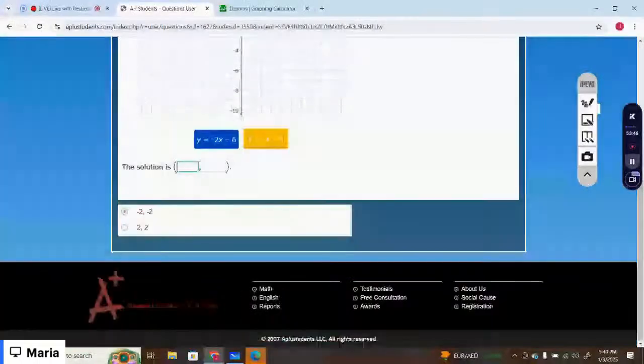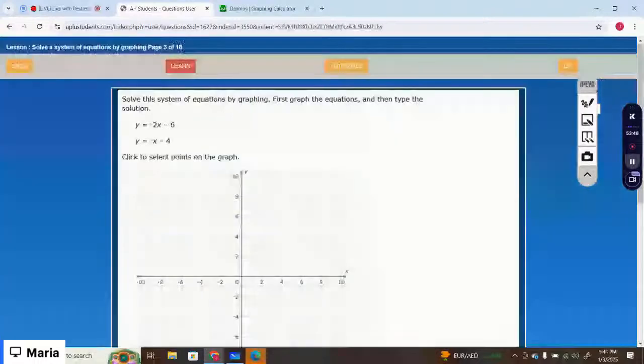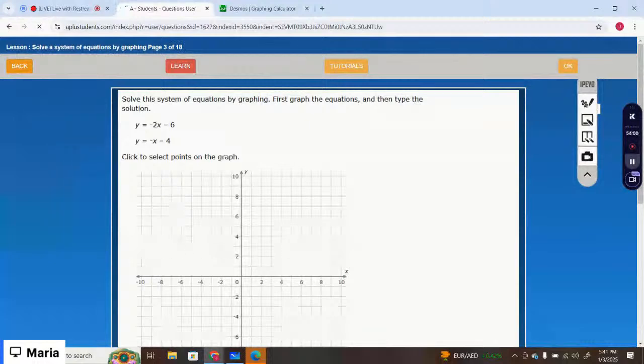Okay, you can complete the lesson by yourself today. So we were working on grade 10 math. The chapter we were working on is systems of linear equations.